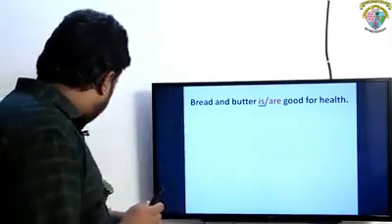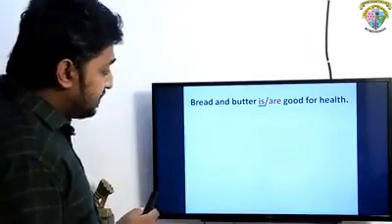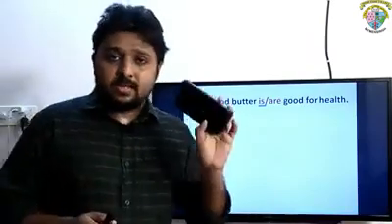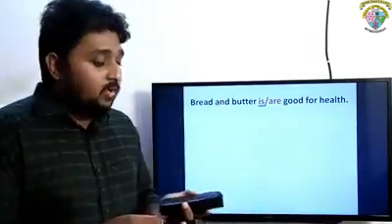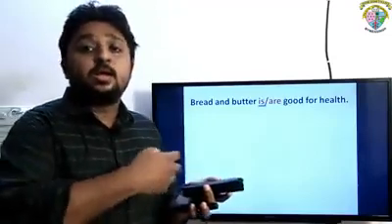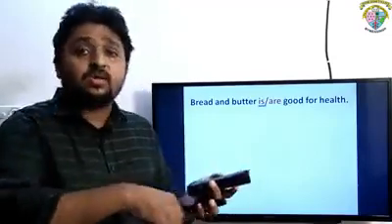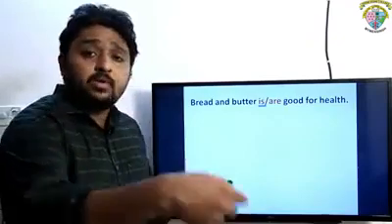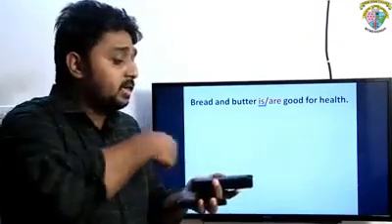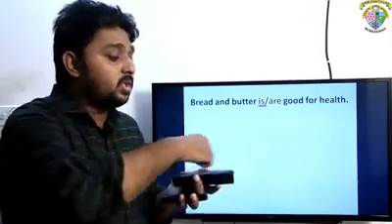I can give you an example. Suppose this is a bread, and now I want to spread butter on it. I will take some butter and spread it on the bread.